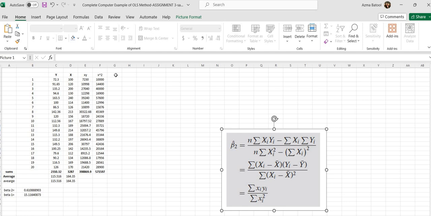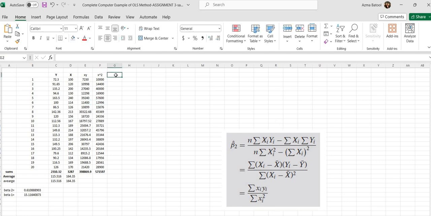So let's say I just do it here. x minus x bar, for example, I put it like that, and y minus y bar. Let's say I do it. So I have to generate this column. What is x? It's right here. Minus x bar.